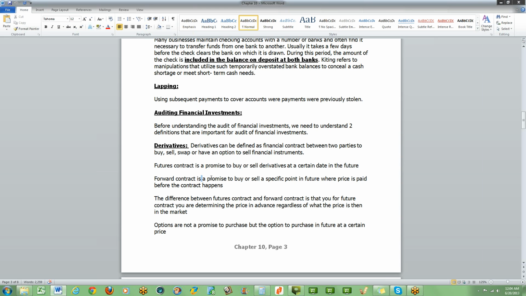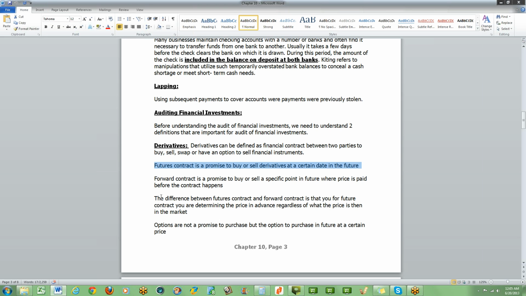A promise to buy or sell at a specific point in future when price is paid before the contract happens. I will pay you $20 right now, but I can buy whenever I want to. Okay, and whenever I wish to buy, I only pay $20 for that particular financial instrument. Okay, and here I can buy anytime at a certain date for a fixed price.